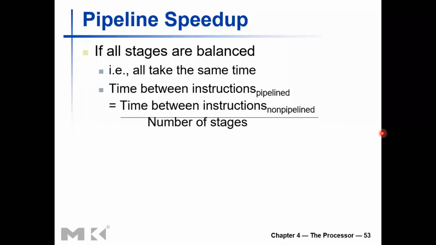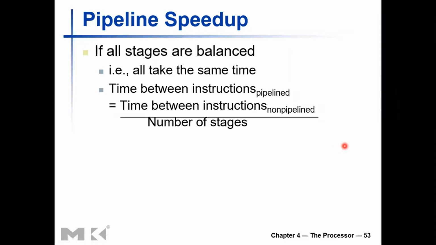So if the workload in all the stages is balanced, all stages take the same time, each stage utilizes the clock cycle fully. We have work to do in each stage for that entire clock cycle. In that case, the time between instructions in the pipeline setup is the time between instructions in the non-pipeline setup divided by the number of stages, if the workload is evenly divided.